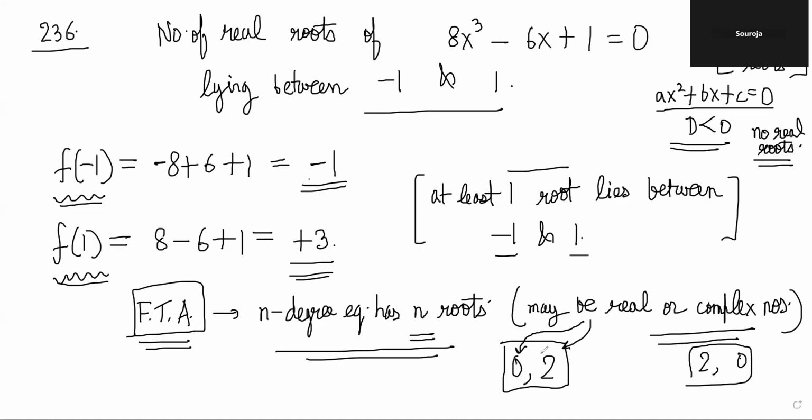Do you understand what I'm saying? We have not studied complex numbers yet, so we cannot actually tell you what exactly those roots are, but we will do it later. For now, just remember that if it's a cubic equation, the total number of roots has to be 3, right?